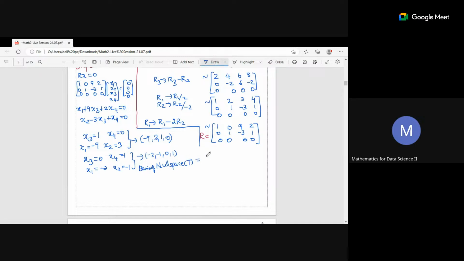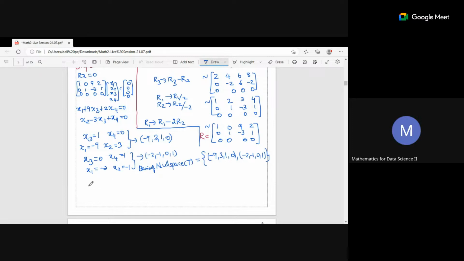It is (-9, 3, 1, 0) and (-2, -1, 0, 1). Is that fine for everyone? Yes, ma'am. Okay. So now we have found the basis of the null space of T.